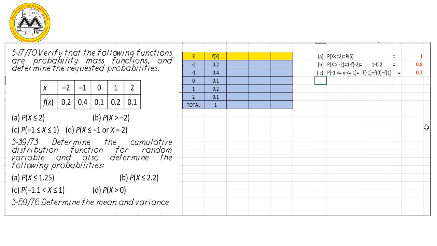Letter D. For letter D, we're looking for the probability that the random variable x takes values less than or equal to -1 or x is equal to 2.